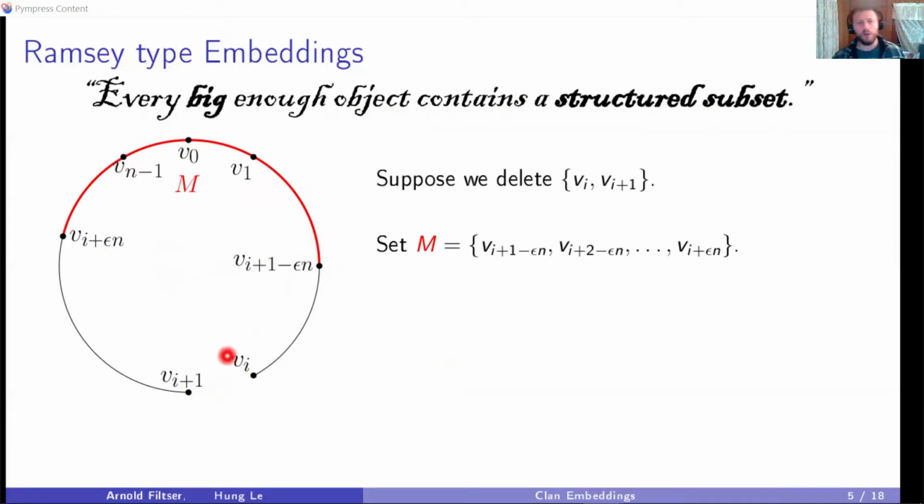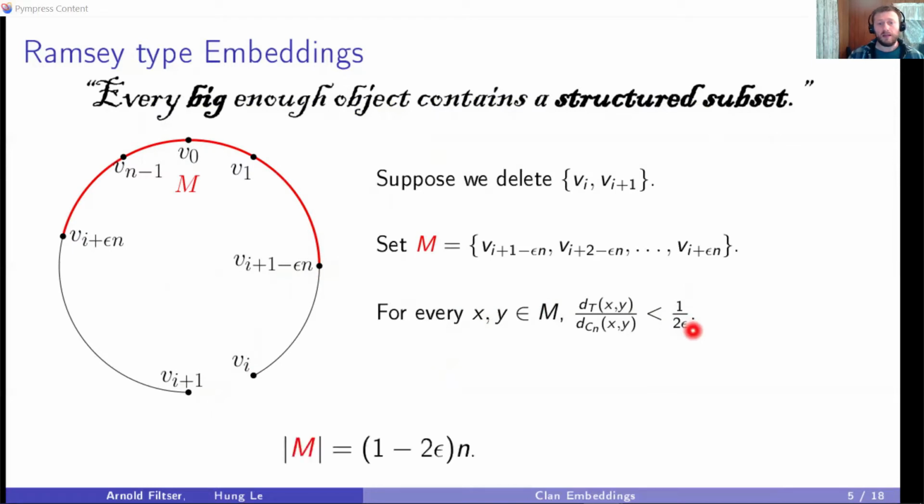Specifically, if we look at all the vertices which are at least epsilon n distance from the deleted edge, and denote this set by M, then for every such pair of vertices the distortion is at most 1 over epsilon. Furthermore, the set M is quite large, of size at least (1 minus 2 epsilon) times n. So for a very large portion of your metric space, you enjoy a very small distortion.